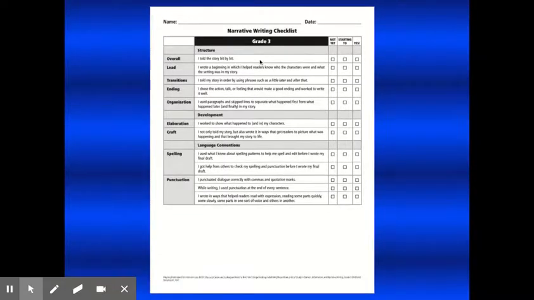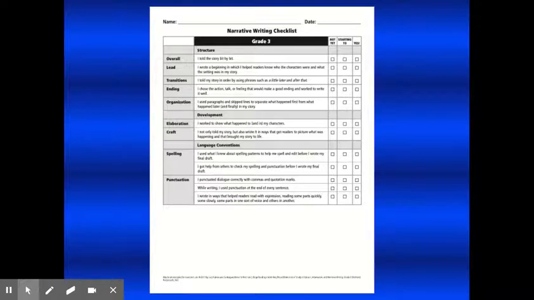Okay. I told the story bit by bit. I wrote a beginning, which I helped readers know who the characters were, and what the setting was. I told my story in order by using phrases like a little later and after that. I chose the action or feeling that would make a good ending and worked to write it well. I used paragraphs and skipped lines to separate what happened first from what happened next and finally in my story.